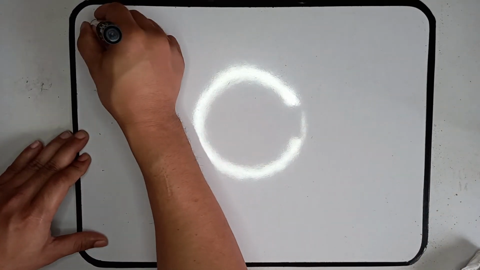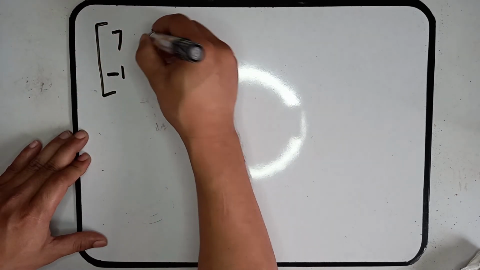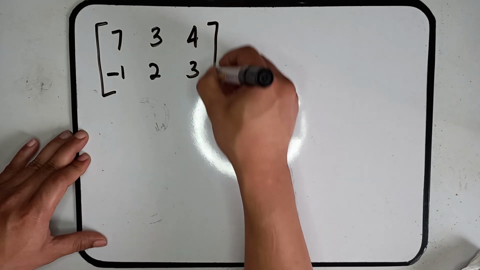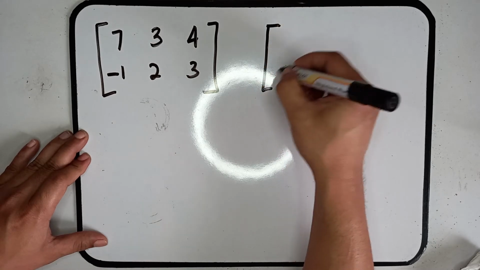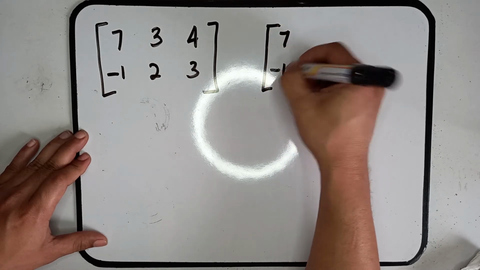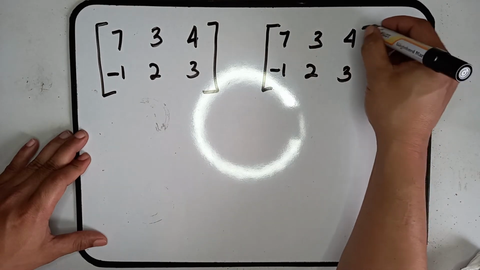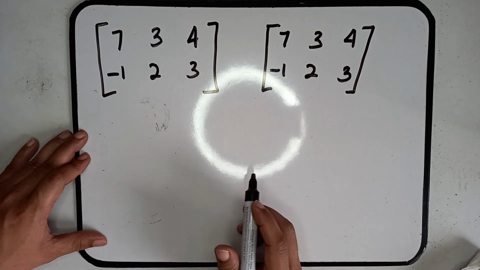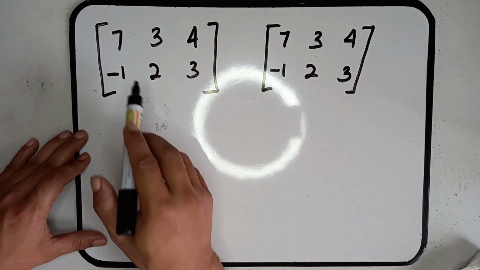Okay, so let's have another example. Let's say our matrix is, okay. So let's start with the order of this matrix. So what is the order of this matrix? Let's count. How many rows?